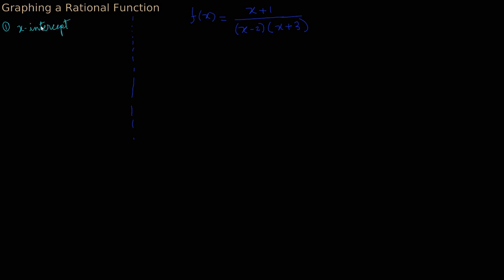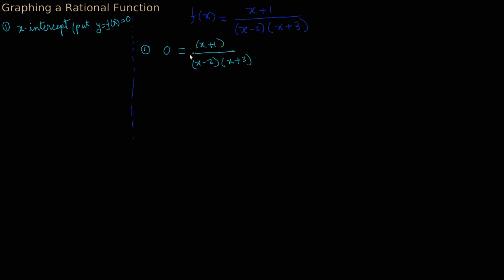To find the x intercept, you know that we need to put y equal to 0. So y, which equals f(x), equals 0. Let's do step number one for this particular problem. So I am putting y equal to 0, and on the right hand side I have x plus 1 over x minus 2 multiplied by x plus 3.